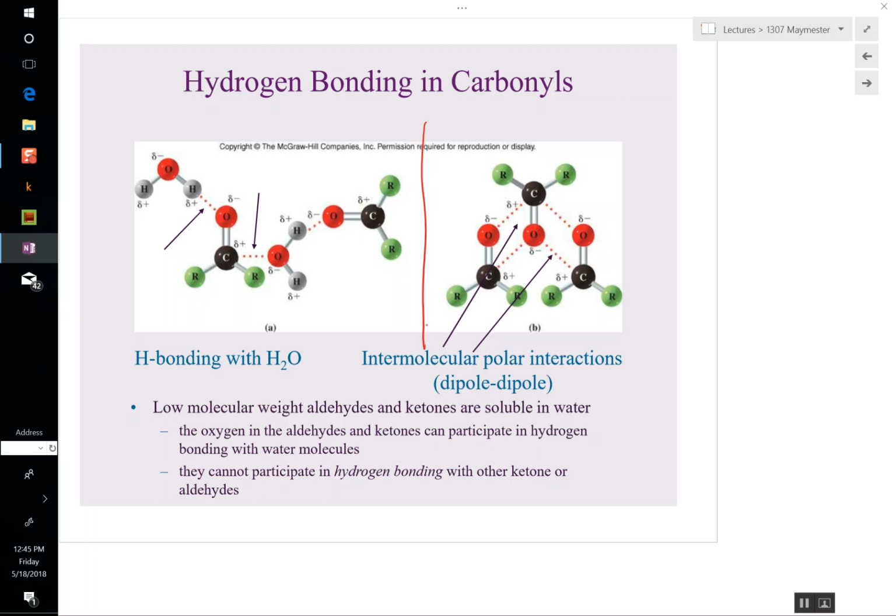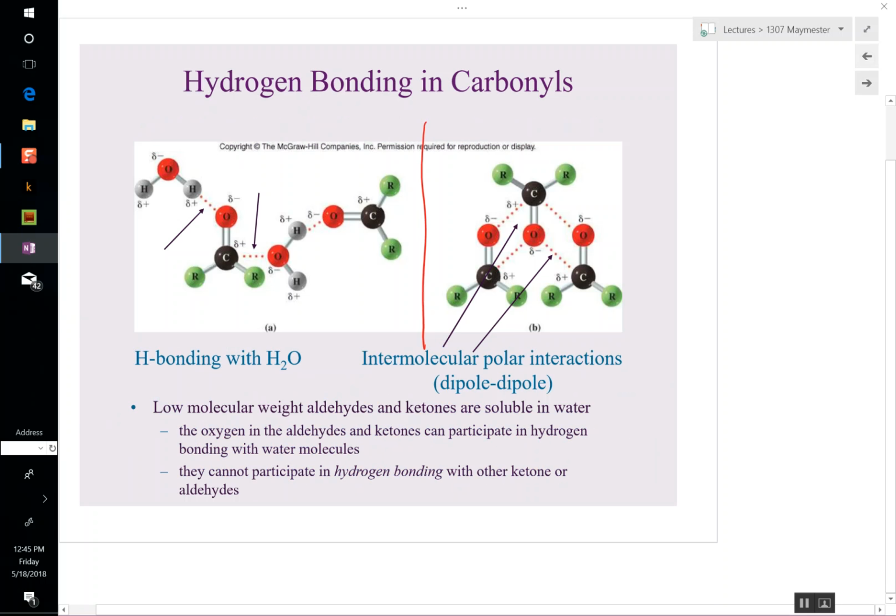Here's the hydrogen bonding. Here's your ether or your ketone in water. And so the hydrogen on the water is attracted to the oxygen, and the oxygen on the water is attracted to the carbon. Now that is hydrogen bonding.